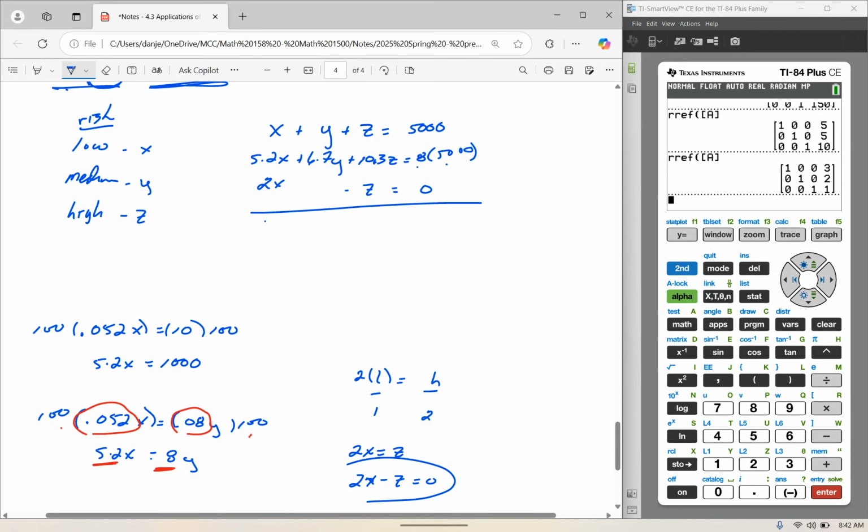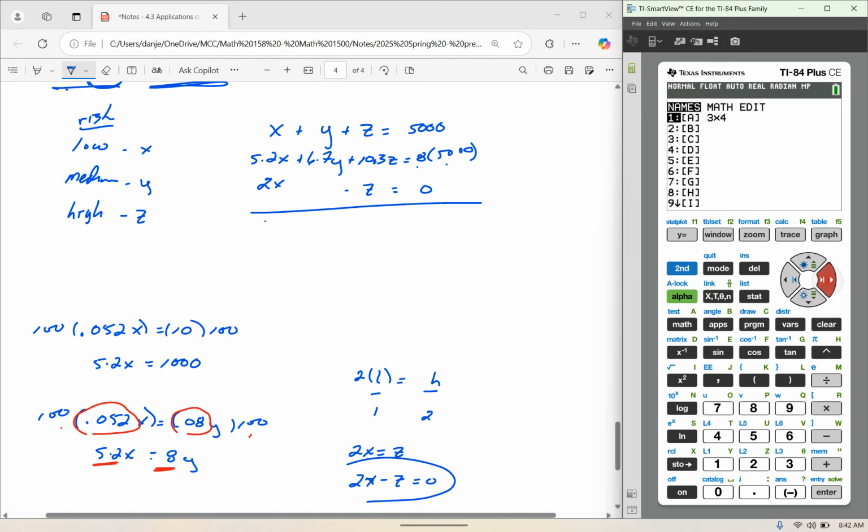Given these numbers, I have no intention of doing this algebraically. Okay, I could if I had to. I have my calculator close. Second matrix, edit.